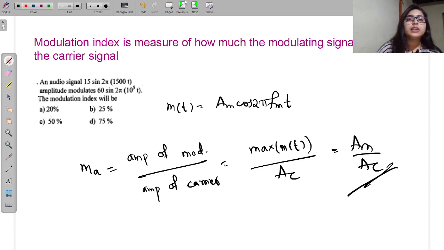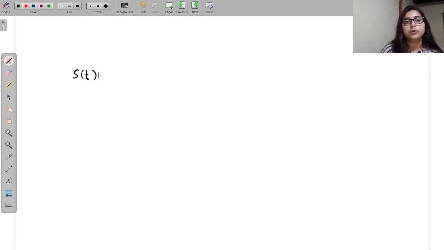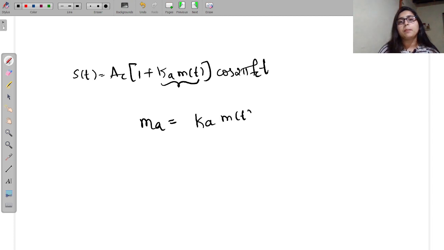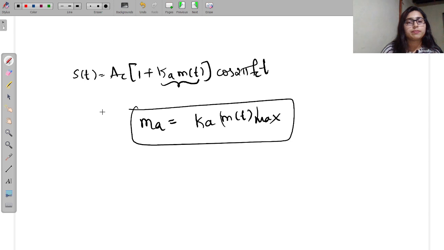Okay, so in this general expression, S of t is equal to AC into 1 plus Ka m of t, cos 2 pi fct. In this case, I can consider the modulation index as Ka into m of t max. So this will be my modulation index.